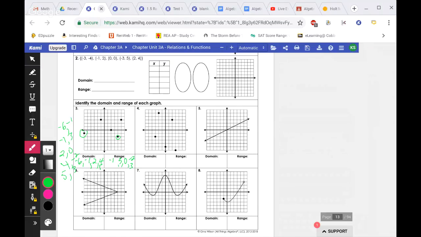And obviously, if you're just looking at this from a left-right standpoint, it's going to go on forever and ever. It's never going to stop. Does that make sense? Yeah, I think I get it. So are both of them like all real? Yes, that's perfect. All real numbers on this one.